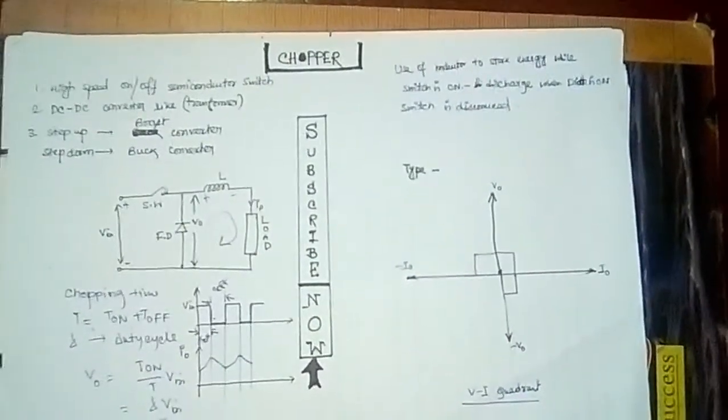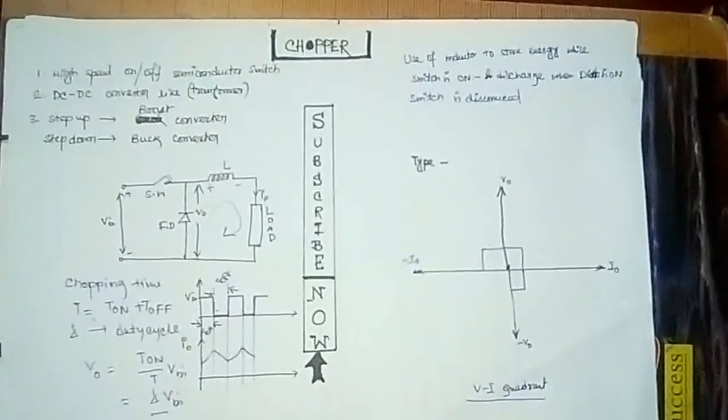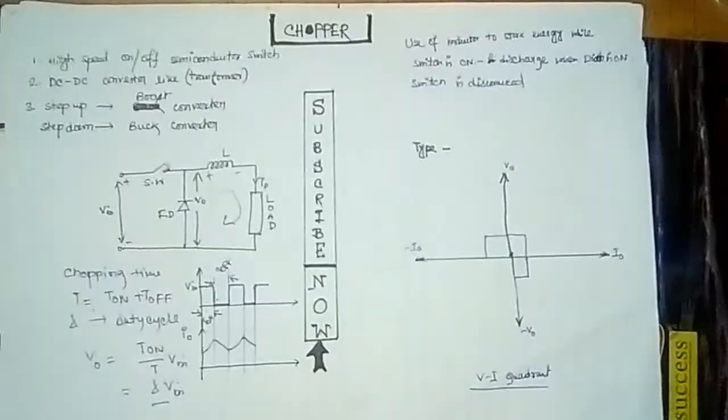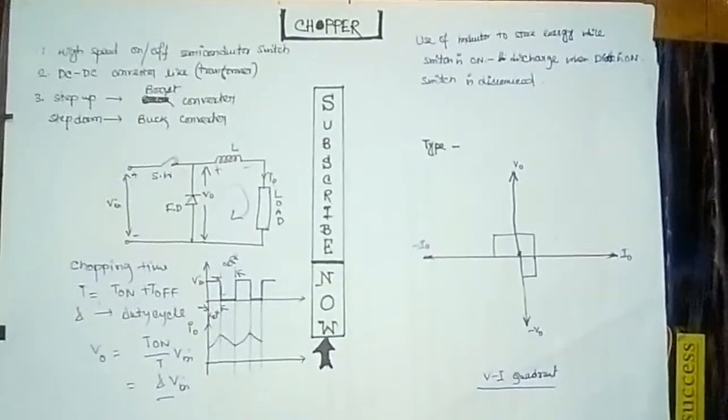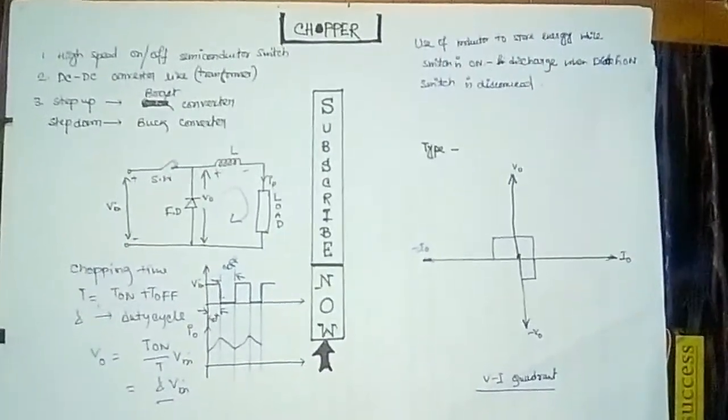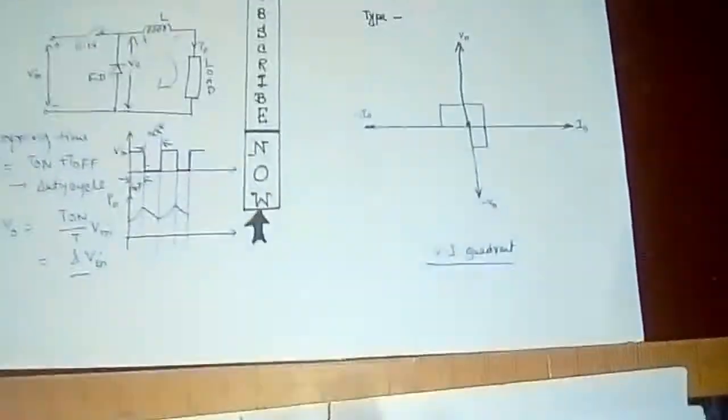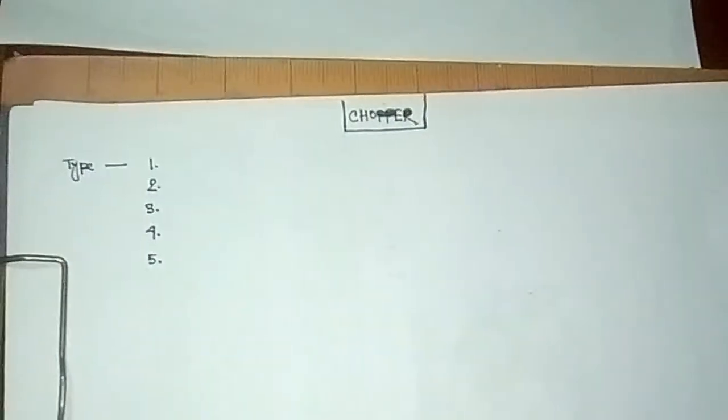Depending on that output, we have classified the chopper into mainly 5 types. Here I am going to write the 5 types.